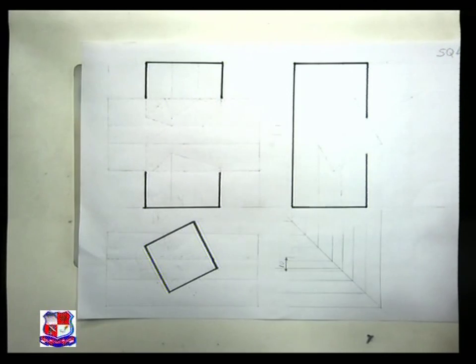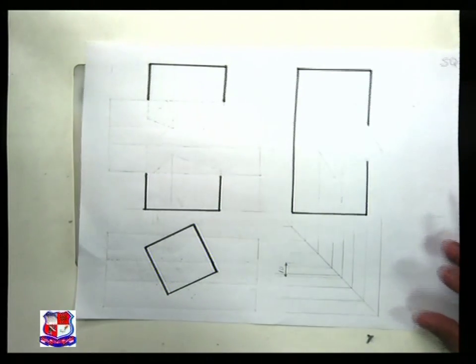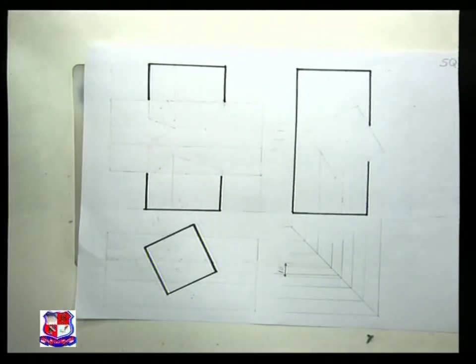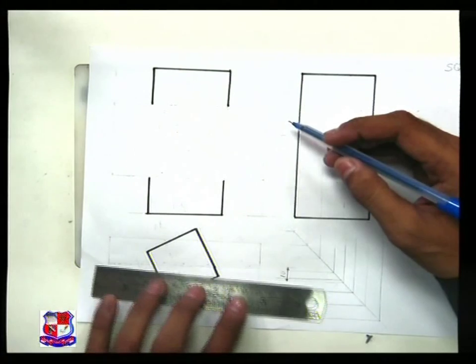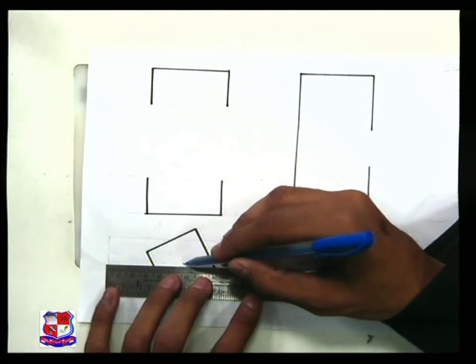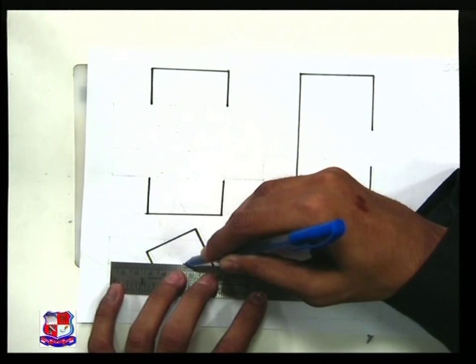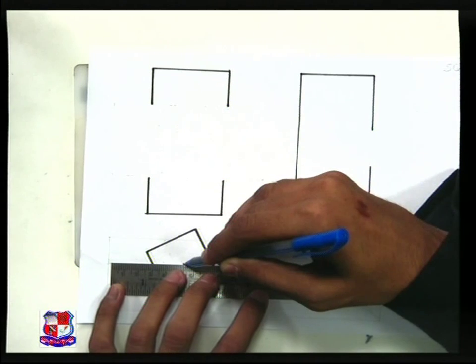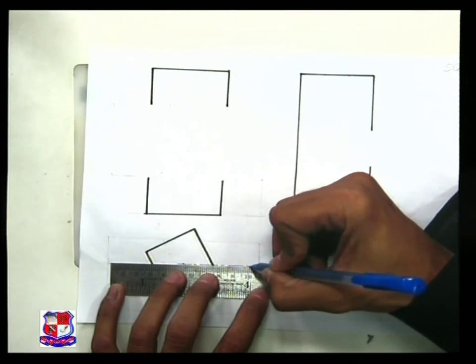Now we have drawn this vertical square prism as per the given data. Now it is given that it is penetrated by another square prism such that the axes are 10 mm away from each other. So first we have to locate the axis of this vertical square prism. This is the axis of this vertical square prism, this one.